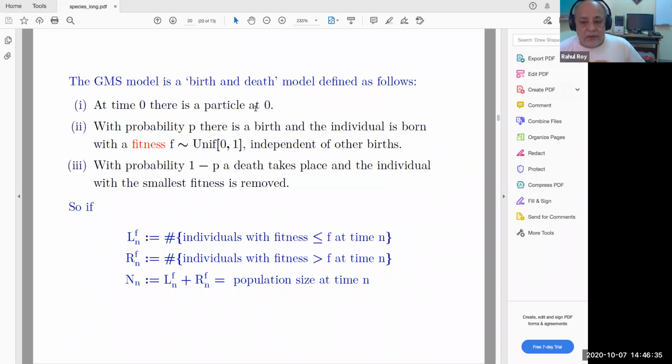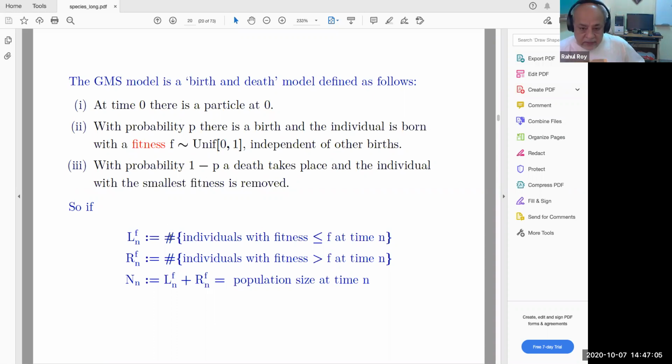At time 0, there is a particle at 0. So 0 to 1 is the fitness scale. With probability p, there is a birth, and the individual is born with fitness f, which is a uniform random variable and independent of all other births. With probability 1 minus p, a death takes place, and the individual with the smallest fitness is removed.